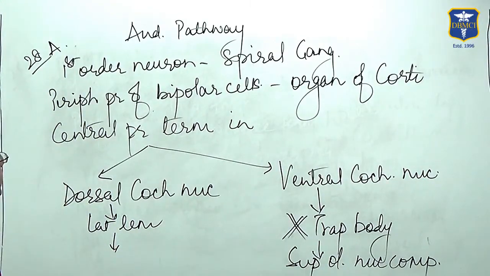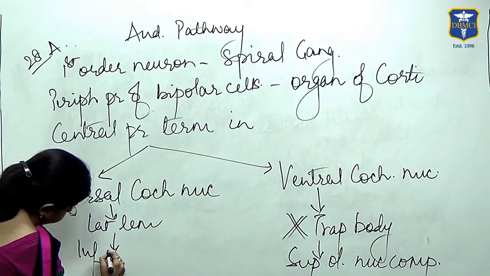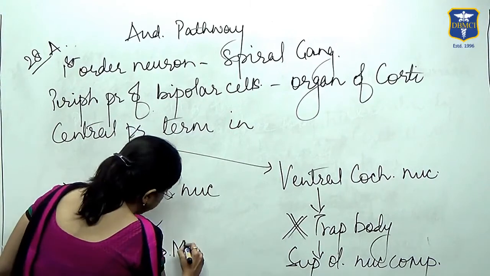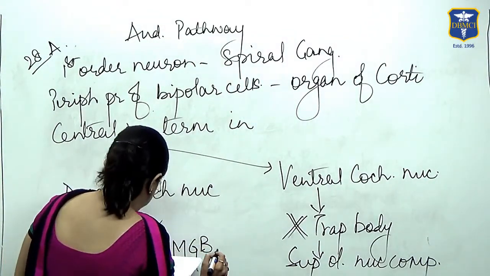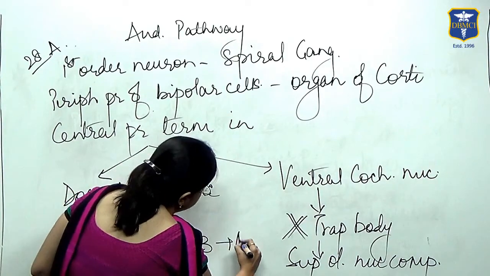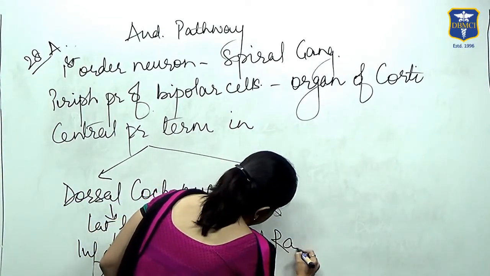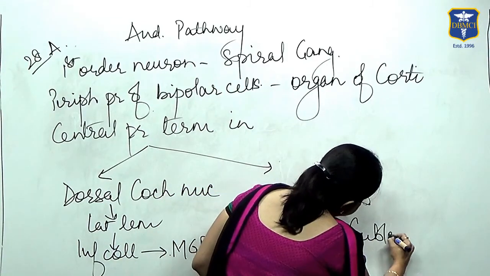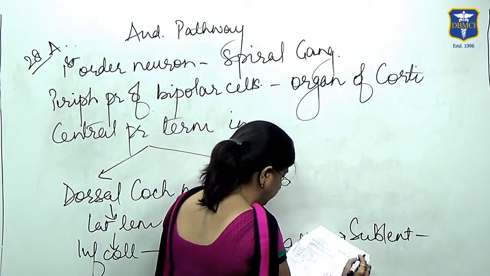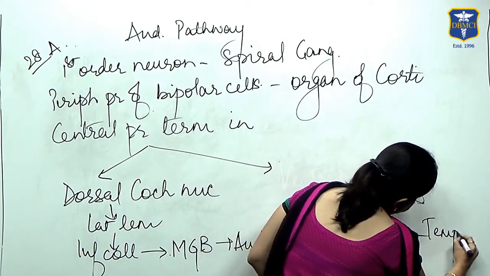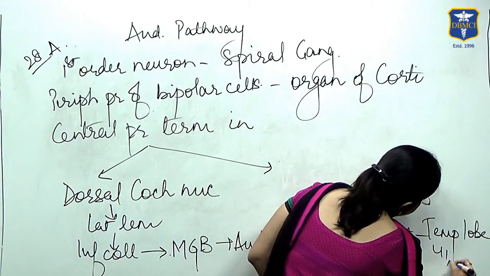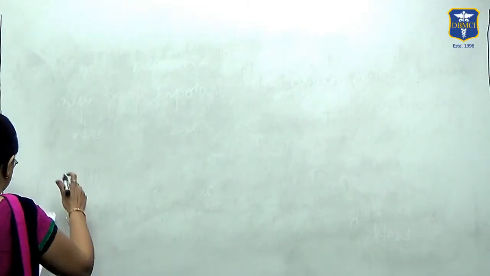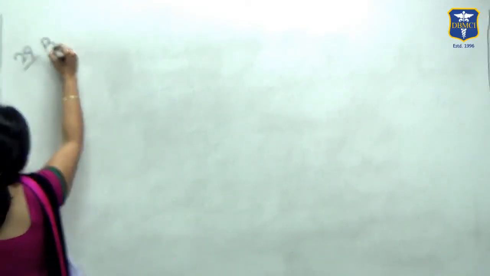Then they will go to the inferior colliculus, the medial geniculate body, auditory radiation, sublentiform nucleus, and then they will go to the temporal lobe, area 41, 42. 29, the answer is B.